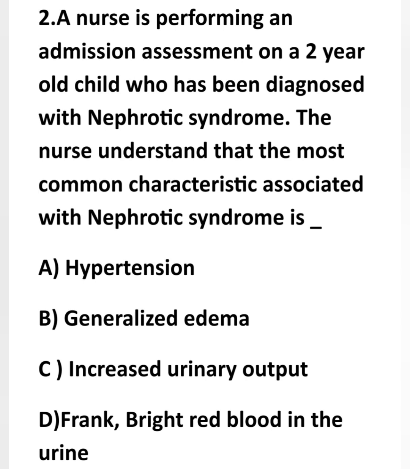In our question, a 2-year-old child is diagnosed with nephrotic syndrome, and the nurse understands which of the following is one of the important characteristic features of nephrotic syndrome. So the nurse should understand the signs and symptoms of nephrotic syndrome, then she or he can easily answer this question.